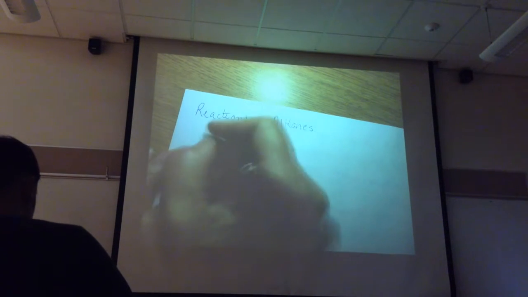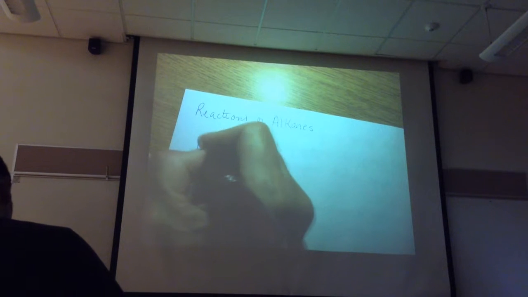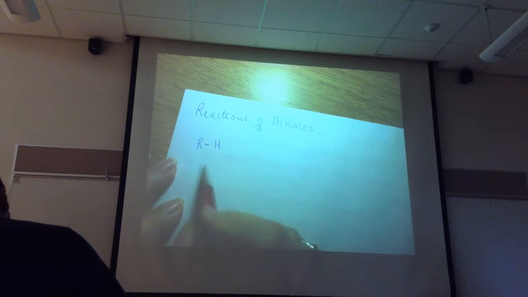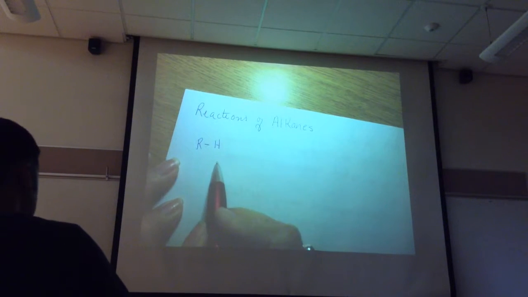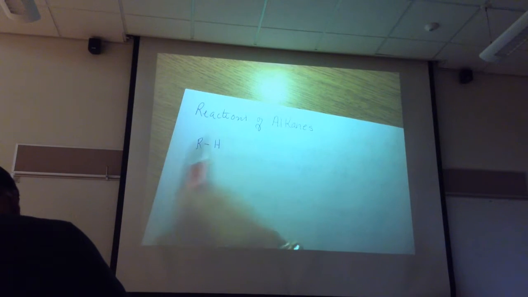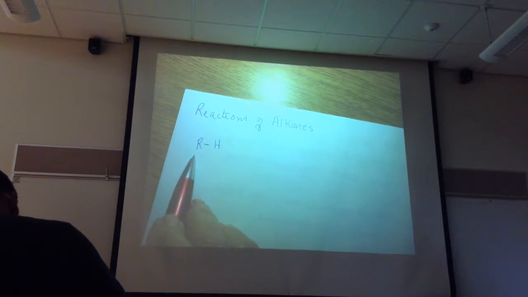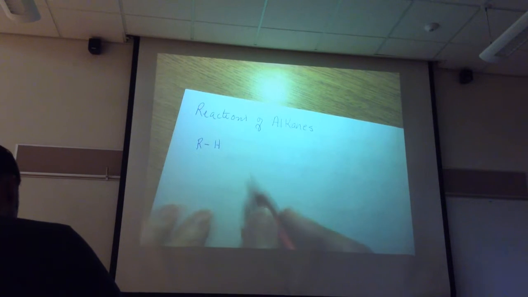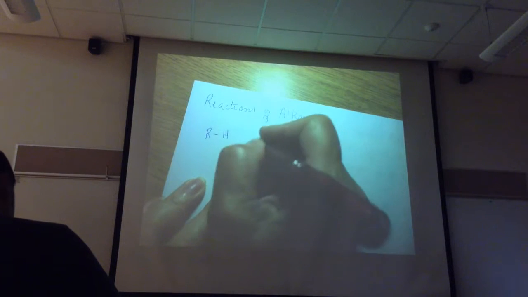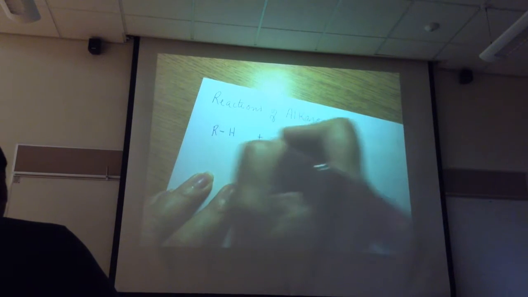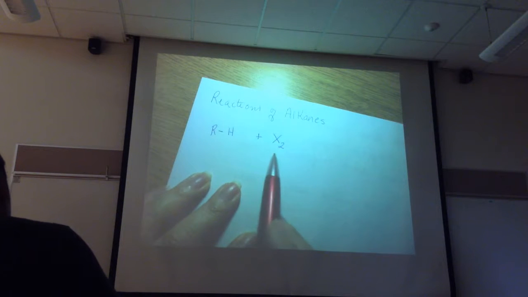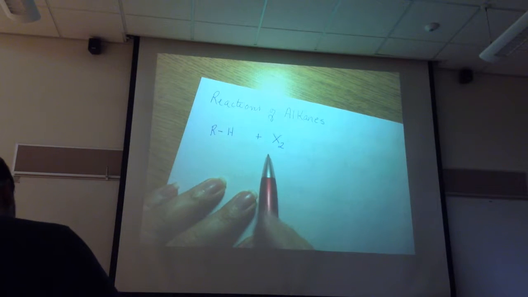And in a general formula, my alkane can be expressed like this. So an alkane is an R group with a hydrogen. And you can imagine what this could be. This could be a methyl, an ethyl, a propyl, an isopropyl. So that's what that R is going to stand for. And I'm going to react this with a halogen. Halogens are diatomic elements. They're usually represented like that.